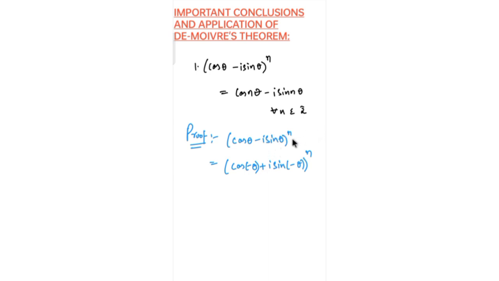And now we use De Moivre's theorem, so we get cos of minus n theta plus i sin of minus n theta. Again, cos of minus n theta is cos n theta, but sin of minus n theta is minus sin n theta. And again, this is for every n belonging to integers. So this is the first important conclusion and its proof.